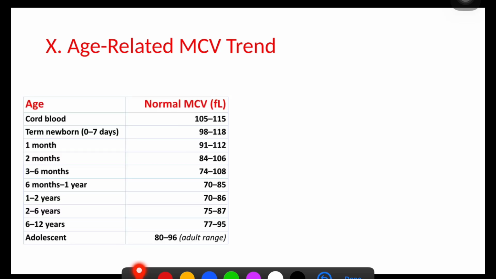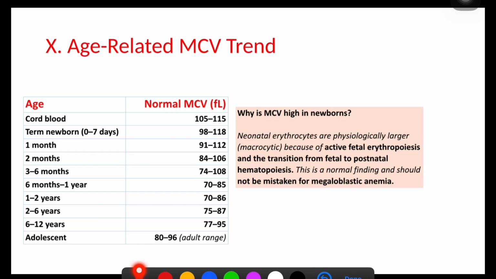Now let's see the age-related MCV trend. What are the changes? In cord blood, normal MCV is 105 to 115 femtoliter. Term newborn up to 7 days, it is 98 to 118.